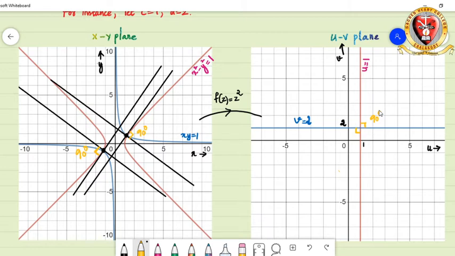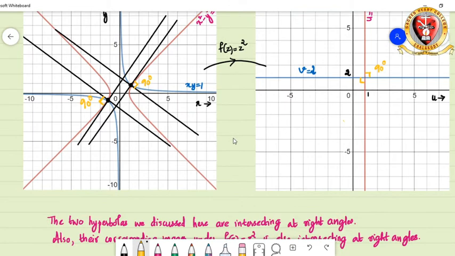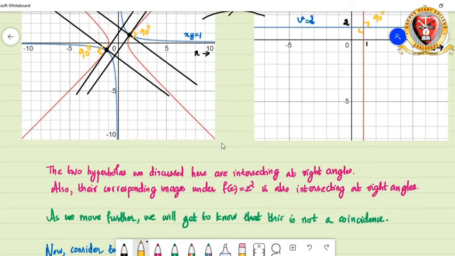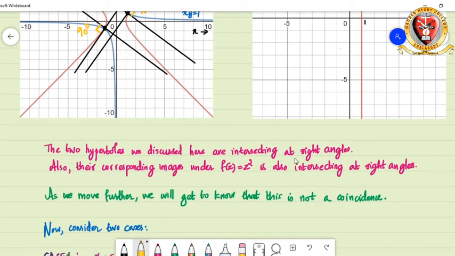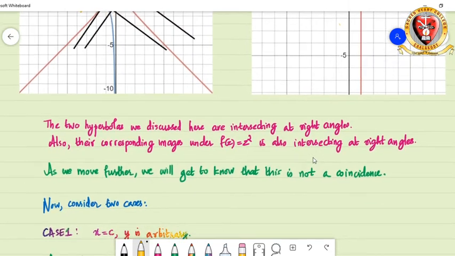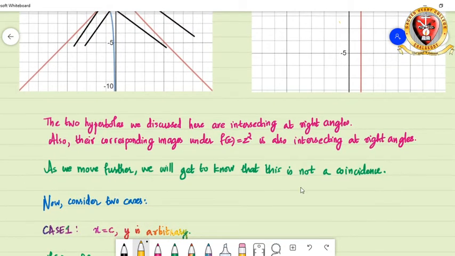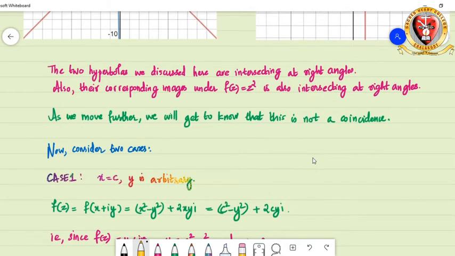We feel that it is some kind of coincidence maybe, but as we move on we will come to know that this is not at all a coincidence. So the two hyperbolas we discussed here are intersecting at right angles, and also the corresponding images under our function f of z is equal to z square are also intersecting at right angles. This is what we just found out now.